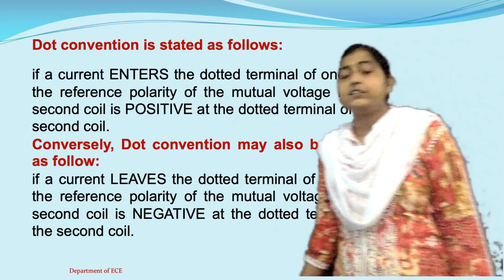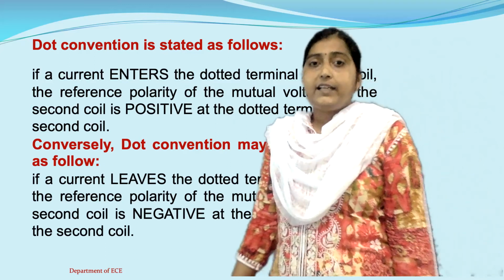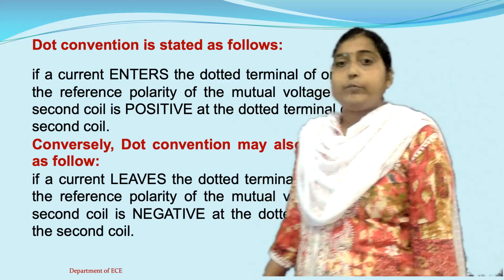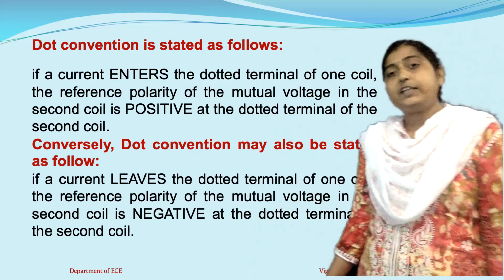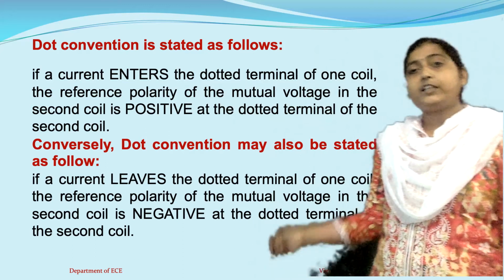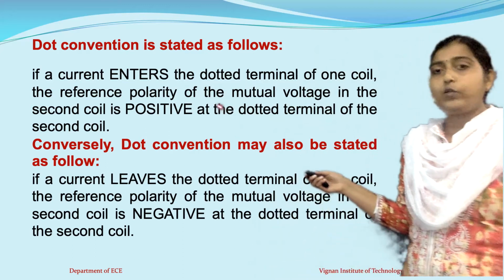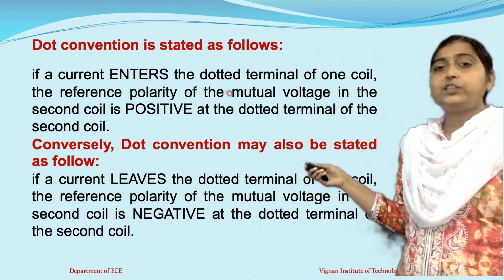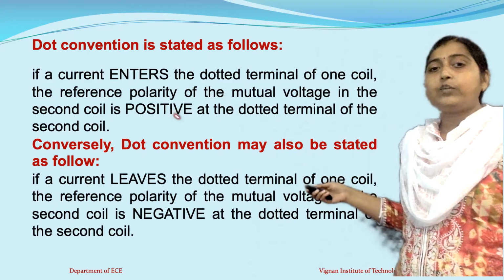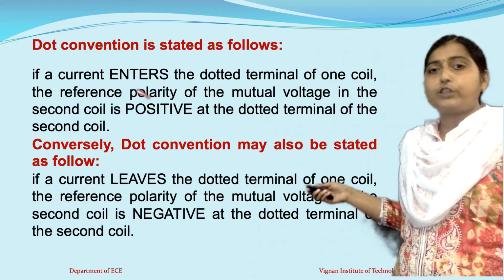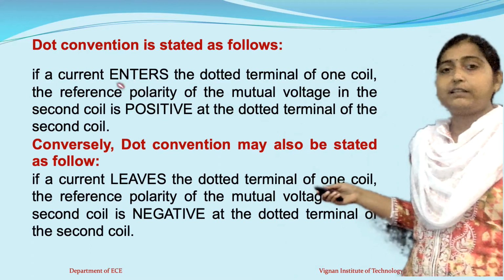Please understand the term here. If the current is entering the dotted terminal of the first coil, then we know that this first coil is inducing some mutual inductance on the second coil, which in turn is inducing some voltage in the second coil. Then the polarity in the second coil has to be considered as positive at the dotted terminal in the second coil.